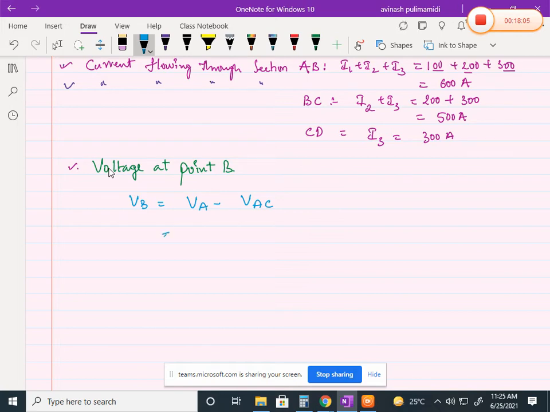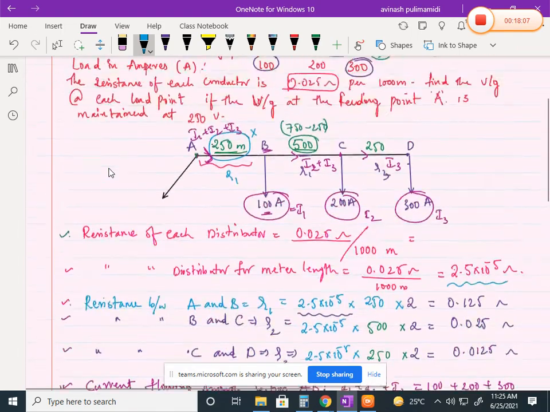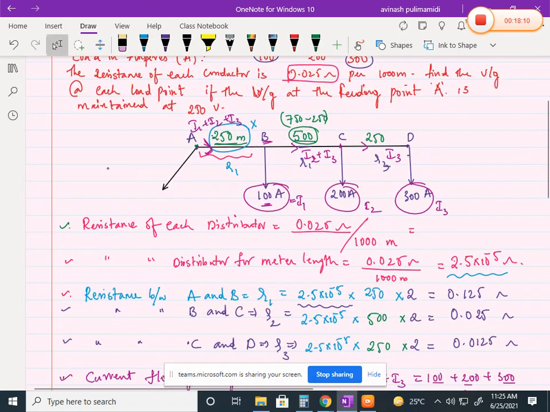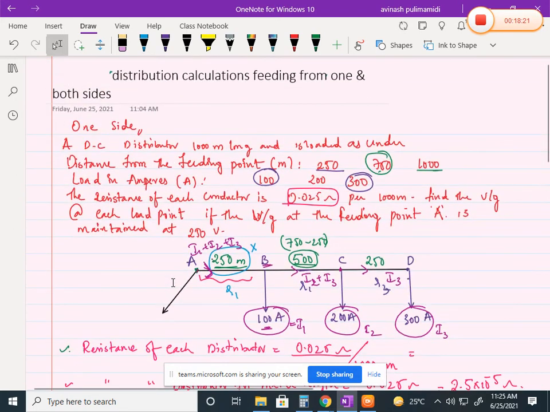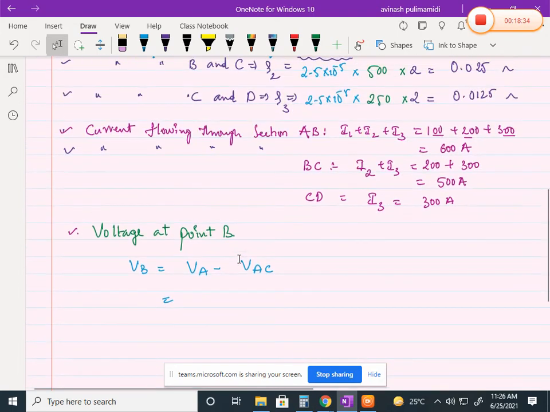What is the voltage at A, which is given in the question here, which is 250 volts, feeding from point A. So voltage at point A is 250 volts. 250 volts minus what is the voltage across AB?